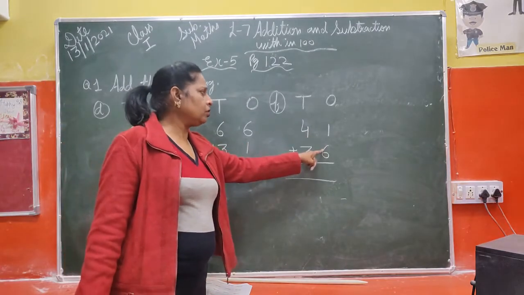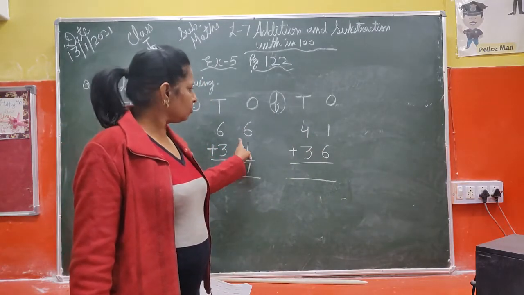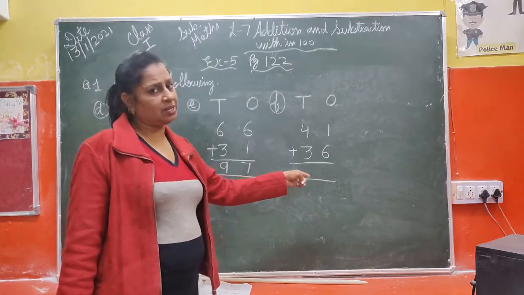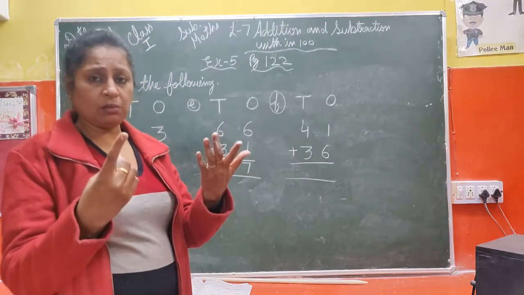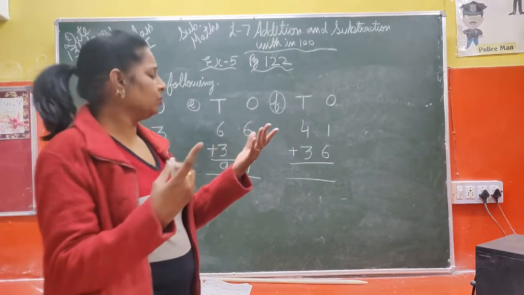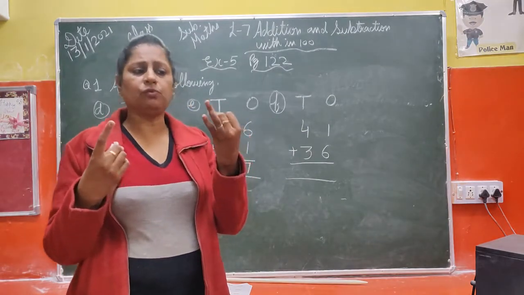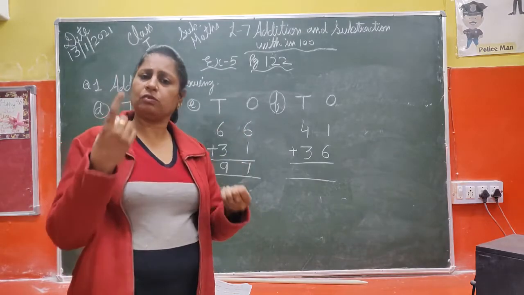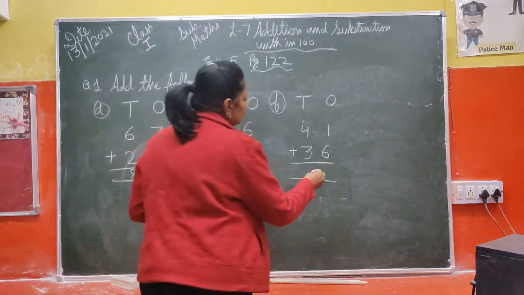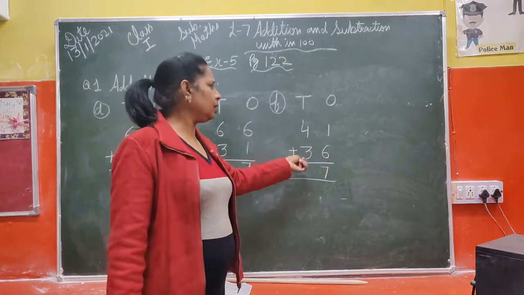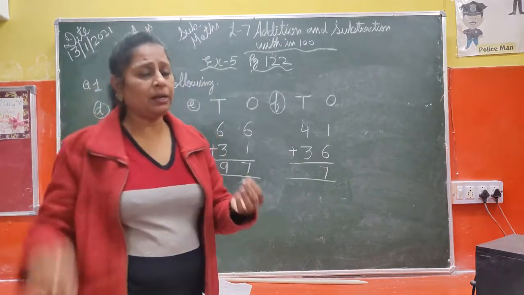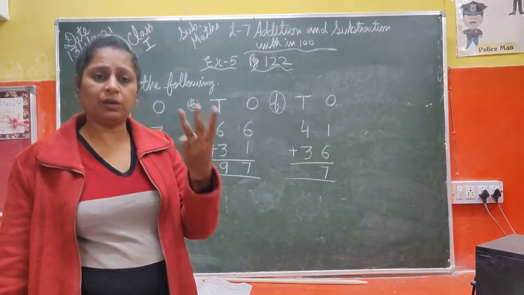Now 1 and 6, same to same 1 and 6. यहाँ 6 1 है, यहाँ 1 6 है तो 7 ही आएगा. फिर हम करते हैं 1 in my mind and 6 in my finger. After 1, 2, 3, 4, 5, 6, 7. So answer is 7. Okay. Now 4 and 3. So 4 in my mind and 3 in my finger.